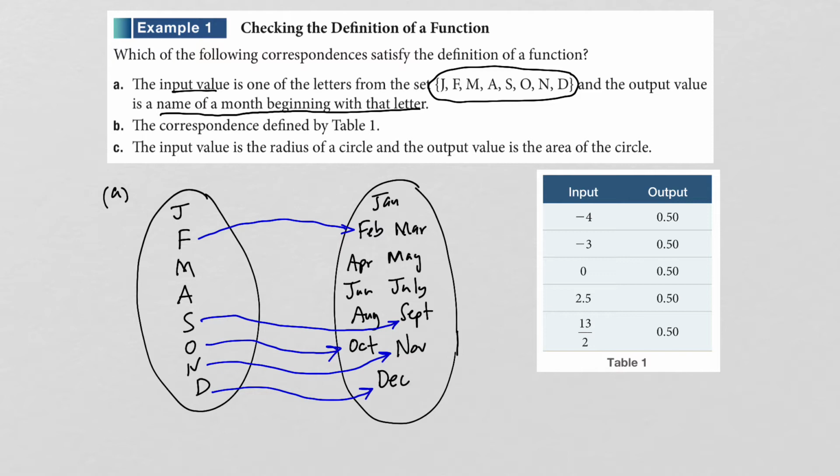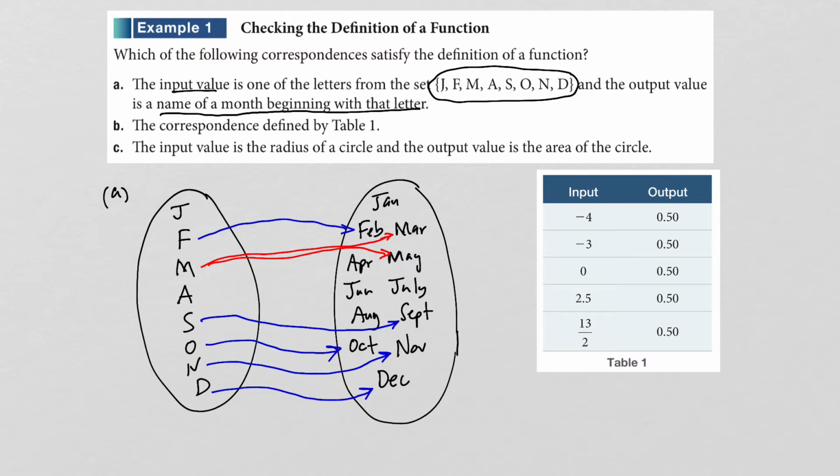But when you get to J, M, and A, notice that M could represent March, and it could also represent May, right? So this one letter of the first set is getting assigned to two different members of the second set. That right there alone tells you that this is not a function, okay?